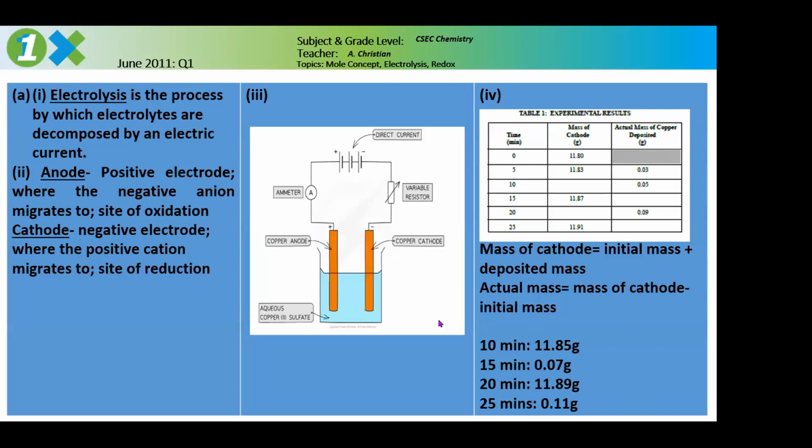Copper 2 plus, specifically copper 2 plus. So copper 2 plus will always move to the cathode, and then it will be discharged because it is accepting electrons, and then it will become solid. It will be discharged as pure copper, and this is why it gets larger. Any question?